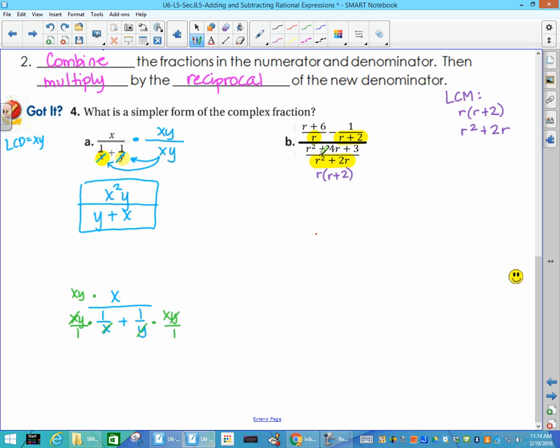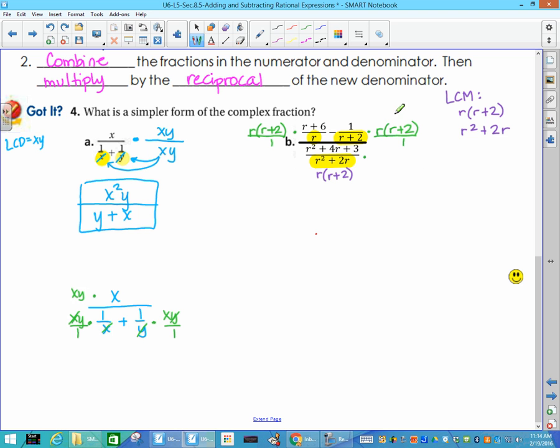So when you multiply things, you can do it with whatever makes it easiest for you to see. So I'm going to go and multiply this by, now if I have just a factor, I'm going to write the factor form. So I'm going to write r times r plus 2. And over here, I'm going to write r times r plus 2. Because these are fractions, it might help to write them over 1. And this is a fraction again, so what am I going to multiply this one by?